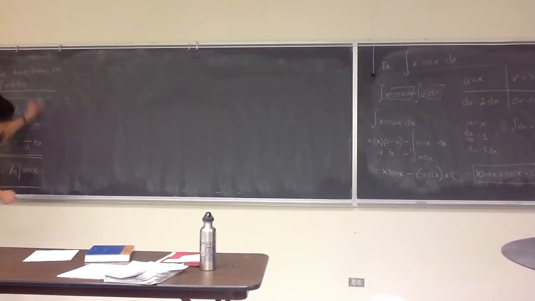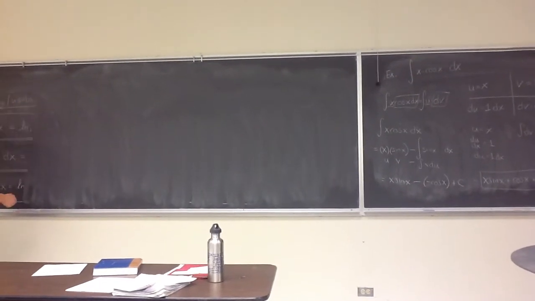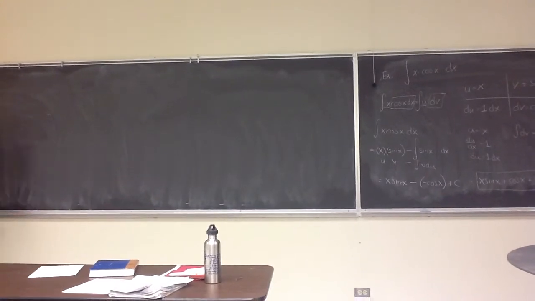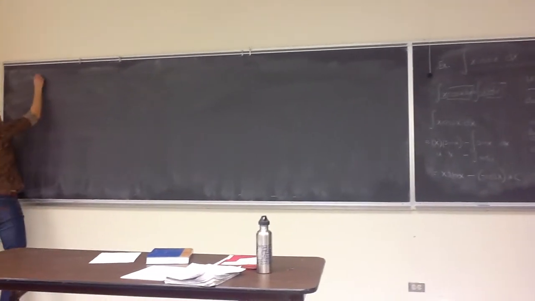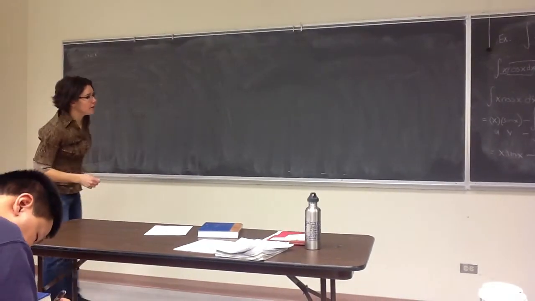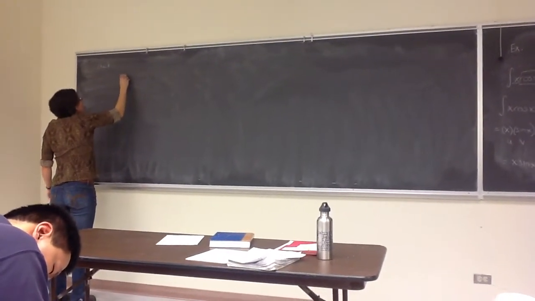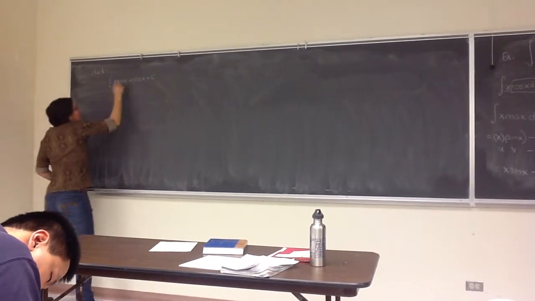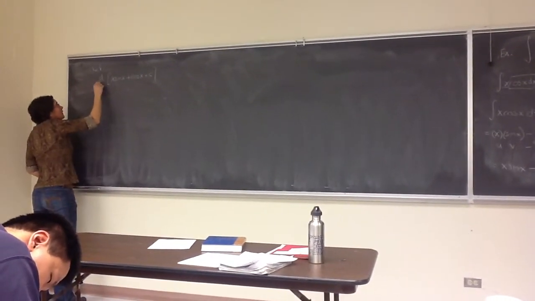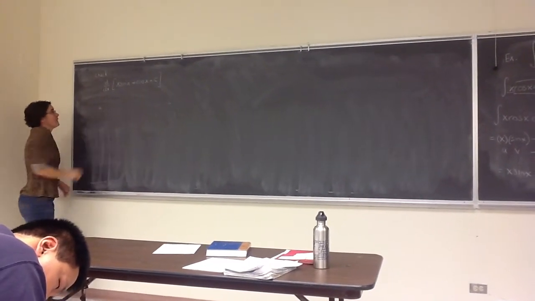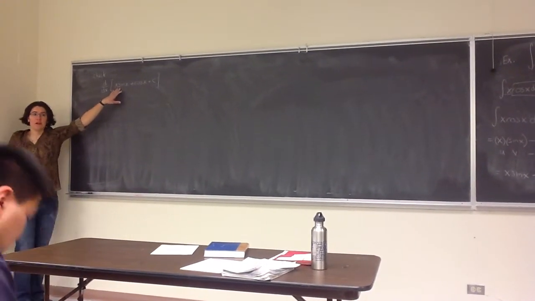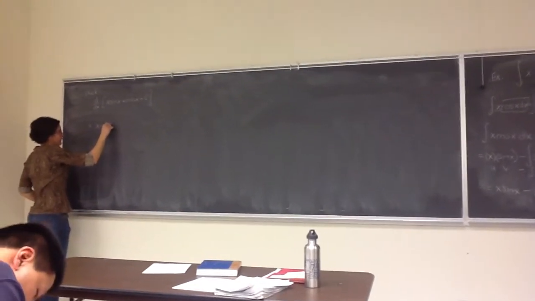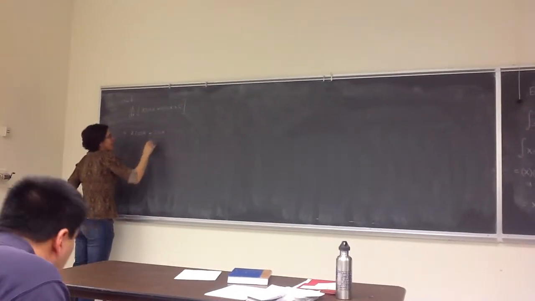By the way, you can double check your final answer: if you take its derivative, you should get back the original integrand. So let's double check that. Our final answer was x times sine x plus cosine x plus c. If I take the derivative, I have to use the product rule at the beginning: first times derivative of the second, plus second times derivative of the first.